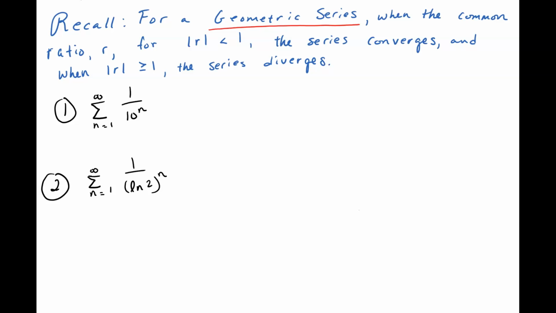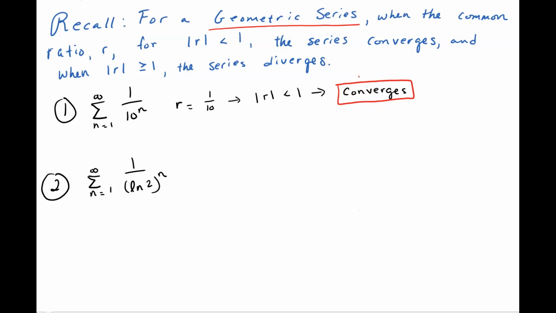So we're going to say r equals 1/10, because it's in the denominator. And the comment I'm going to make is that the absolute value of r is actually less than 1. So the conclusion I can make for this geometric series is that it indeed converges. All right, so this one does converge.